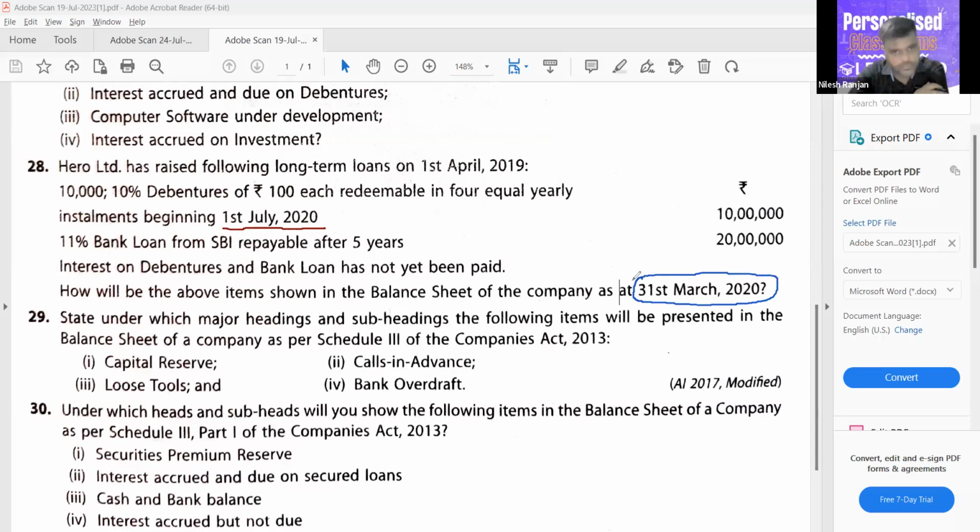So after 31st March 2020, how much time period do we have to pay this first installment? Three months. That is April, May, and June.